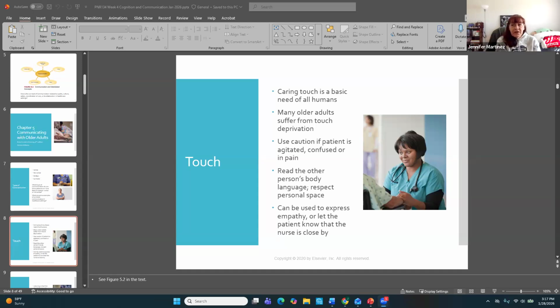We got used to it with COVID, right? Staying 6 feet away. But anywhere, generally between 4 and 18 inches is what we consider our personal space. Don't really like having that invaded. And so we have to be really careful with that.